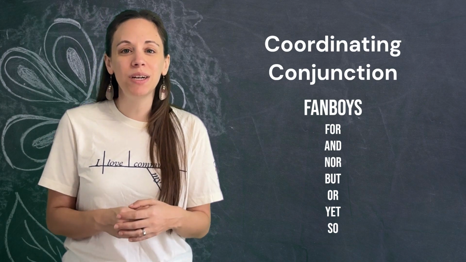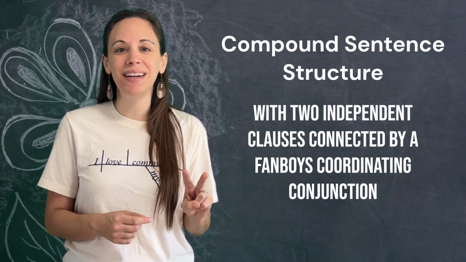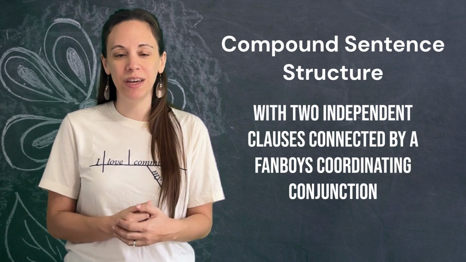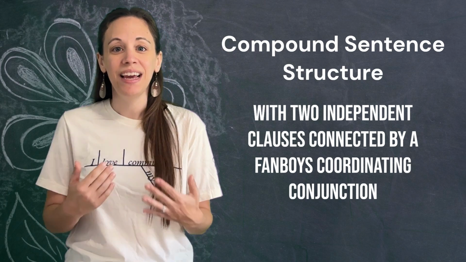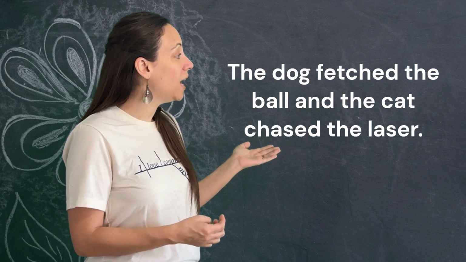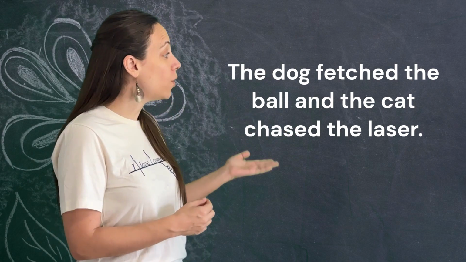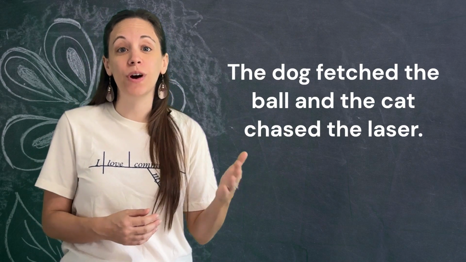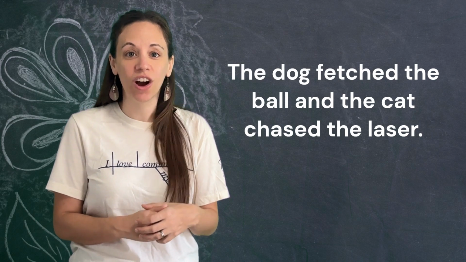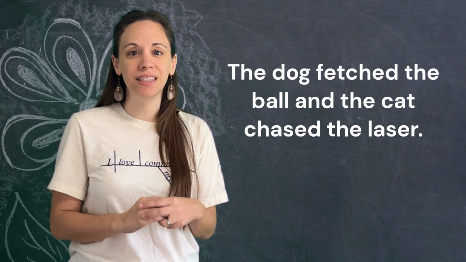So today we're going to practice compound sentence structure with two independent clauses connected by a fanboys coordinating conjunction. Here's our first sentence: The dog fetched the ball and the cat chased the laser. So before we even get started, we need to identify what our independent clauses are. We're going to underline each independent clause with a solid line.